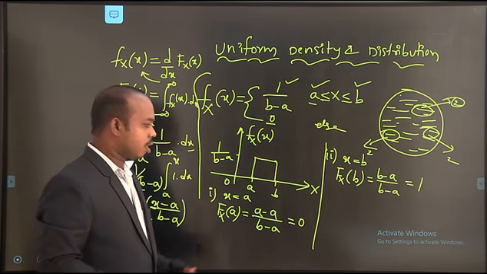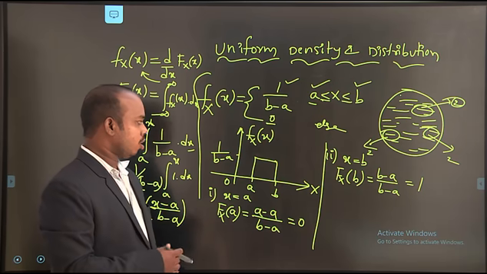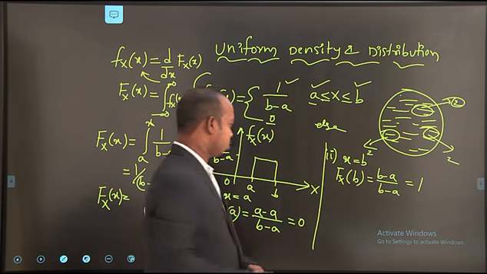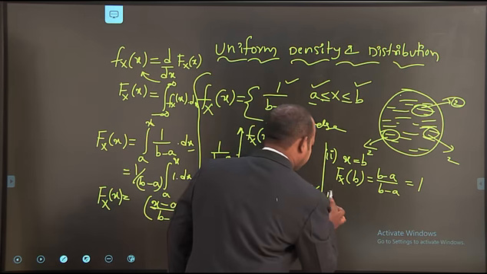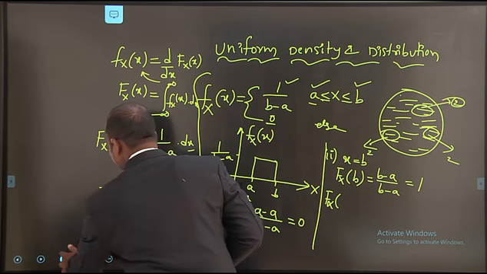Now we can represent the uniform distribution function. I am writing here F_X(x).